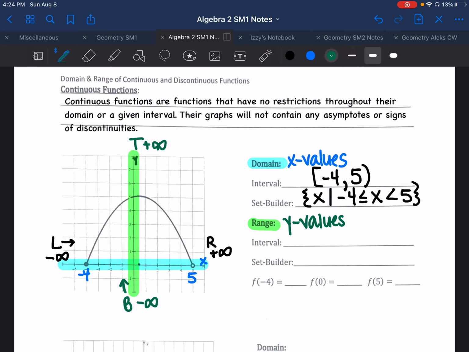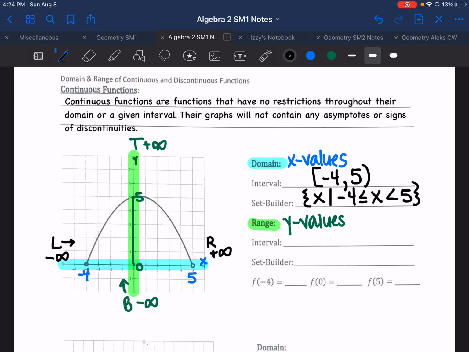So 0 is the first one I'm going to have. And then it's going to go up to right about here, which I think would be at 5. So it's going to go in between those two numbers. Now notice it's going to be closed and closed, and it's just going to fill in between. There it is.